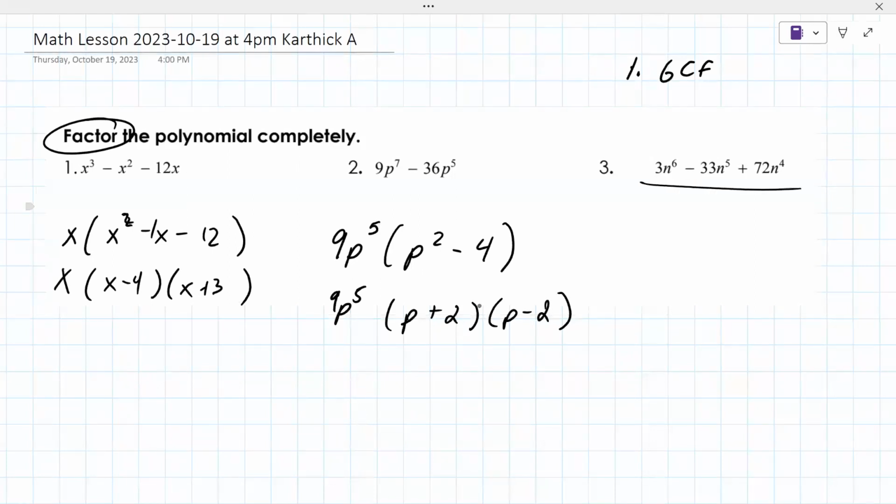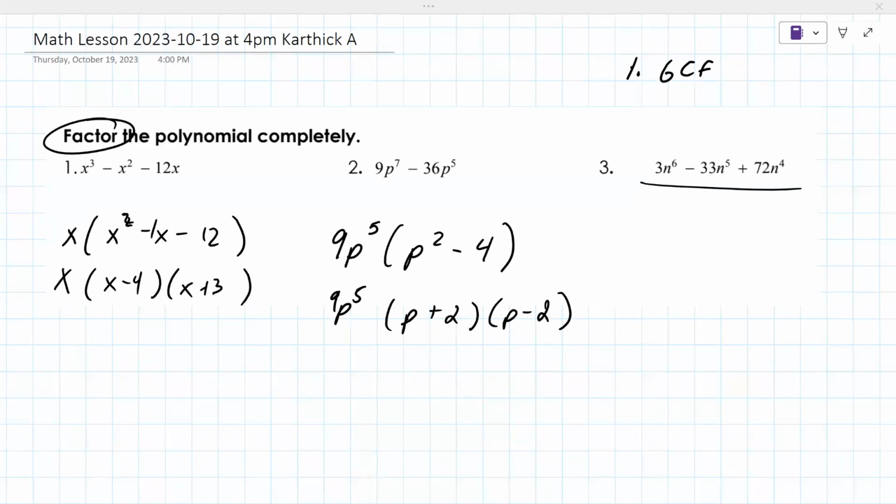All right, so the last one here on the right, what is the number or letter that goes into both? I think, say 3, 3.